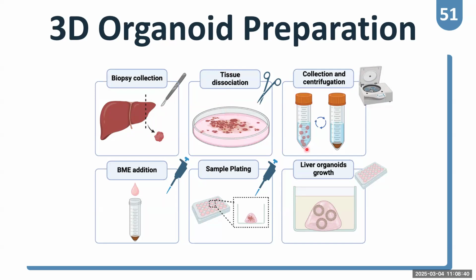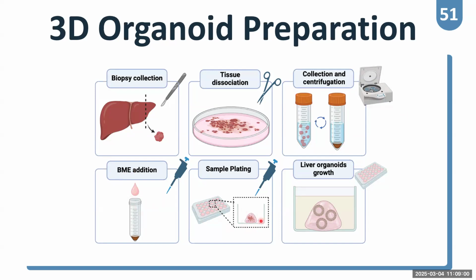We use the enzyme and the temperature to isolate the cells, and then we use the centrifuge to get the organoid pellet, and then we put in the matrix gel, and then we dome it like this.